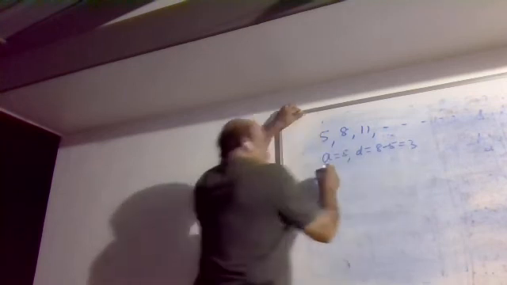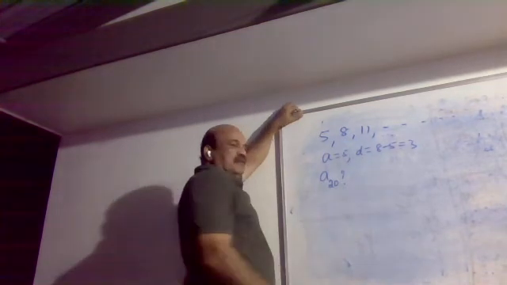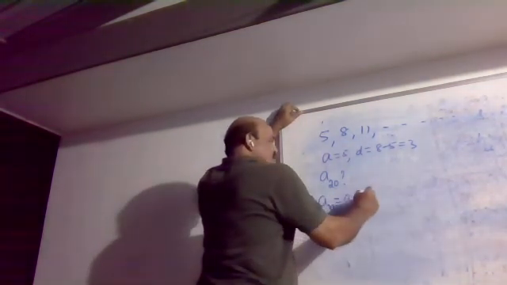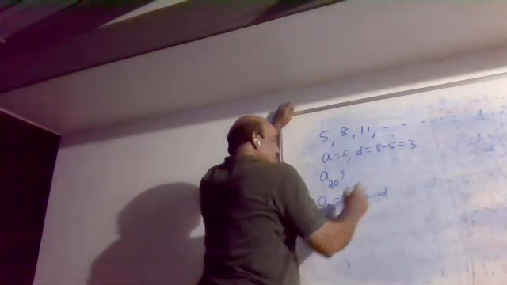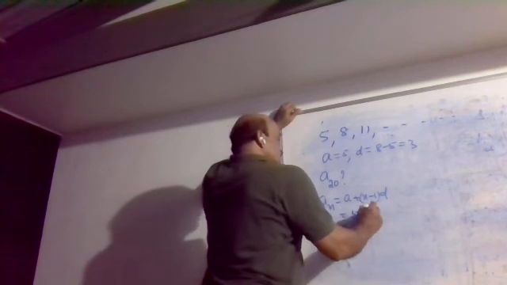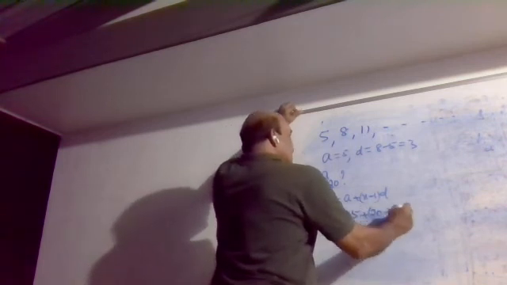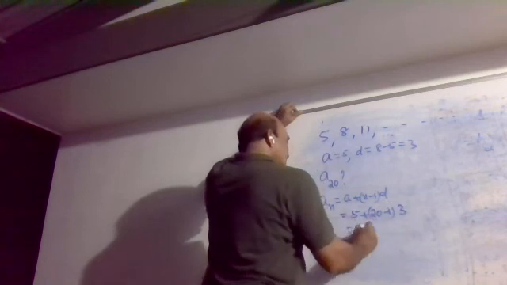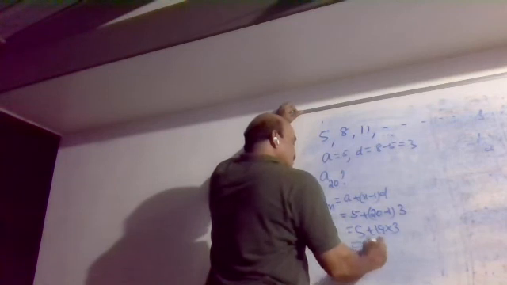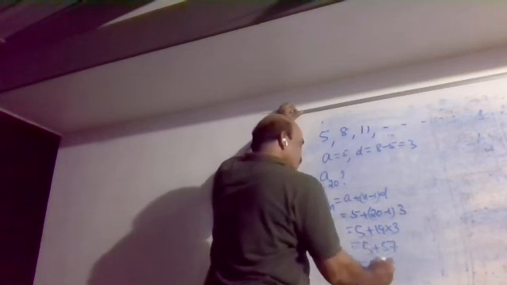Suppose you want to find the nth term, a20. Apply the formula: an = a + (n - 1) d. Here a is 5, n is 20 minus 1, d is 3. So 5 + 19 × 3 = 5 + 57 = 62.